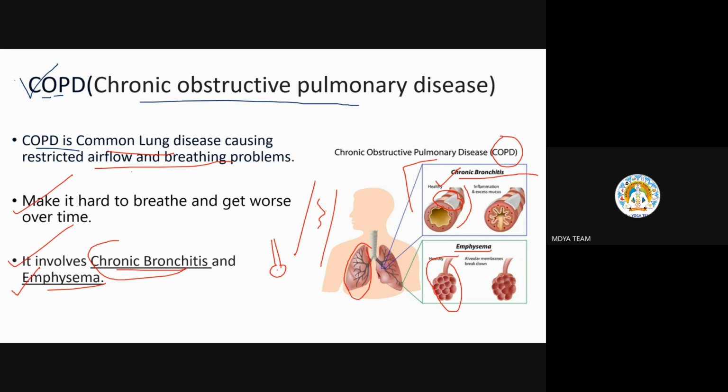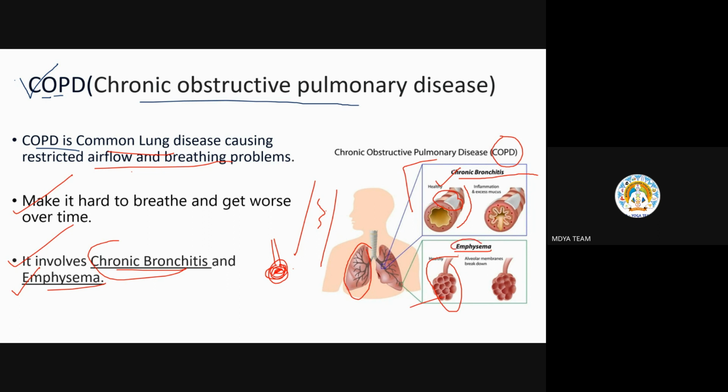The oxygen we are taking inside goes inside the alveoli, and carbon dioxide will come outside. So that exact exchange of gases is taking place in these alveoli. So when the problem is at the level of alveoli or these alveolar sacs, it is known as emphysema.